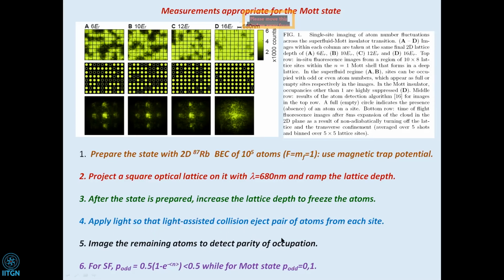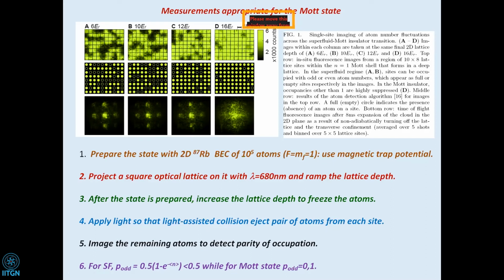If you have an odd number of atoms on a site, then at least one atom remains in the trap, which means that after this light assisted collision, you can measure the parity of occupation. Whatever remains in the trap is the parity of occupation.